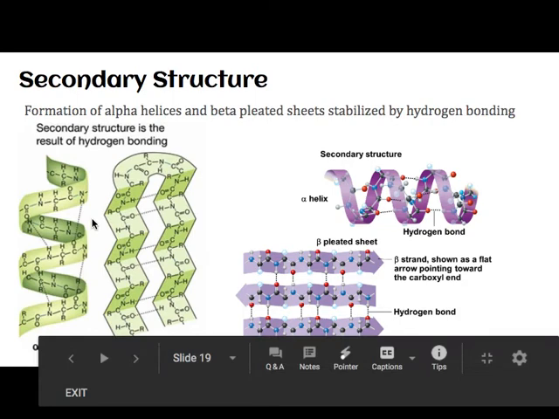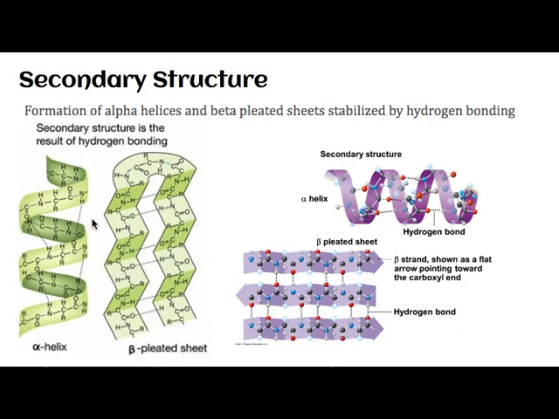Now let's look at the beta pleated sheet. This one is helical, this one is folded. See how this is also between amino and carboxyl on the other side. So it can form folded pleats. Do you know what pleats are? Your skirt has pleats. So beta pleated sheet. The protein secondary structure can look like it's folded.